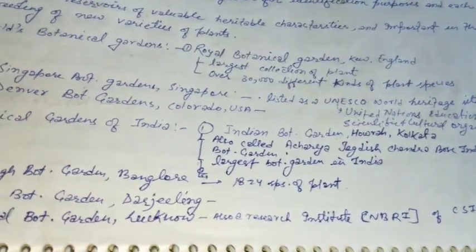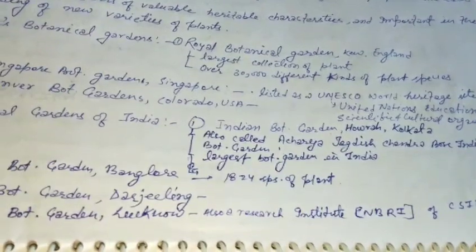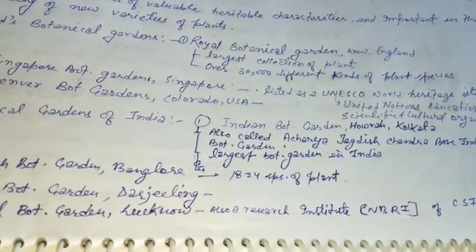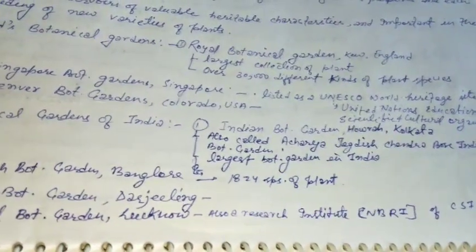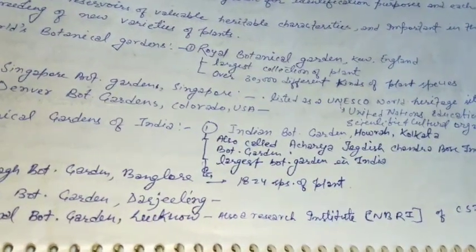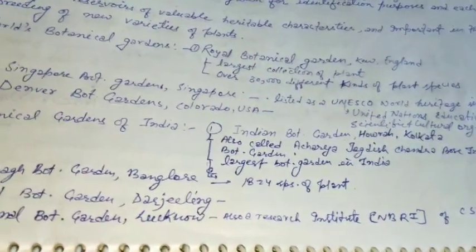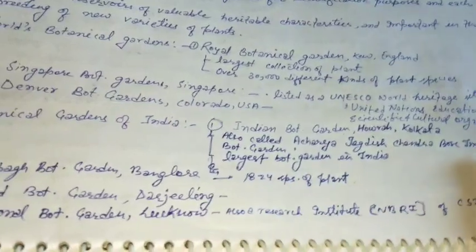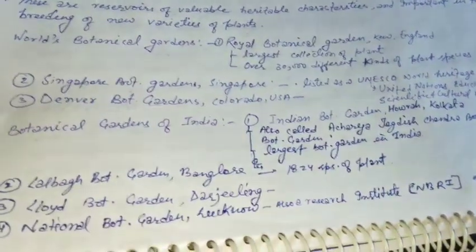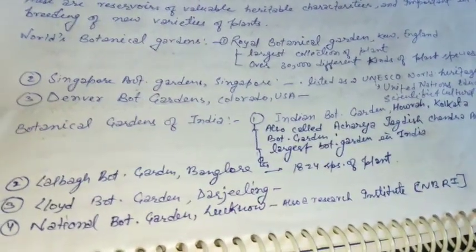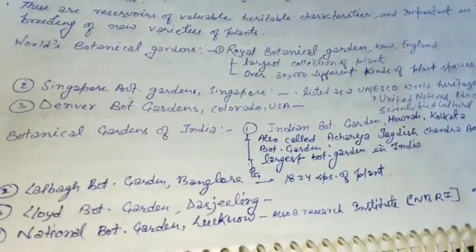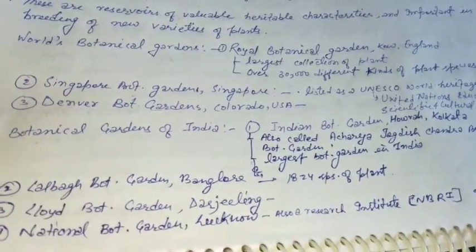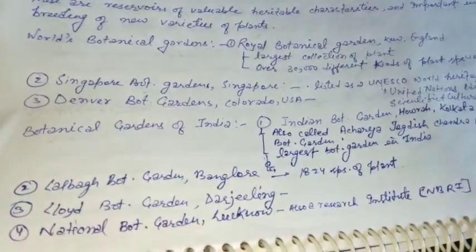So the Singapore Botanical Garden is listed as a UNESCO World Heritage Site. The Valley of Flowers in Uttarakhand is also a UNESCO World Heritage Site. The Taj Mahal is also a World Heritage Site listed by UNESCO.